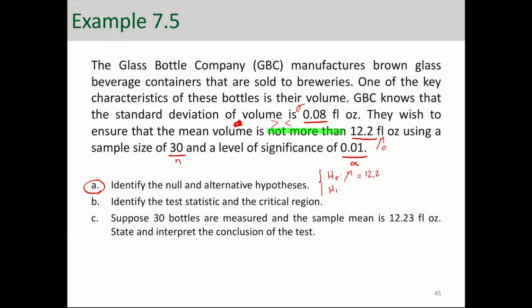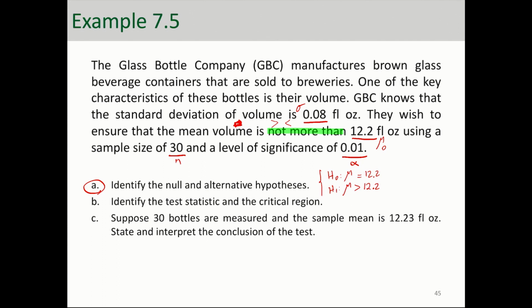And typically in quality control applications, we set the undesired result as the alternative hypothesis. So that's why I'm going to have mu greater than 12.2 as my alternative hypothesis, because that is the undesirable result.